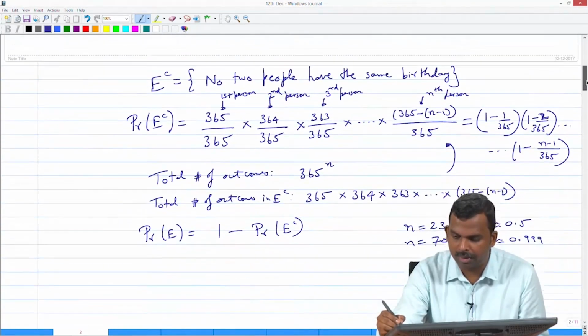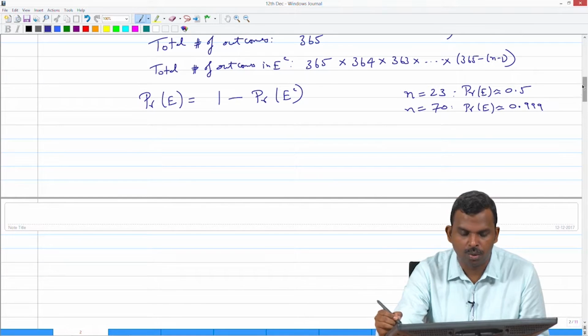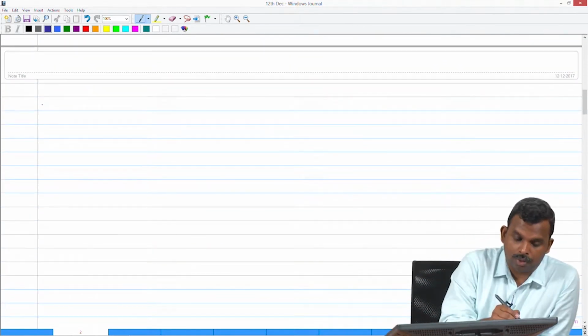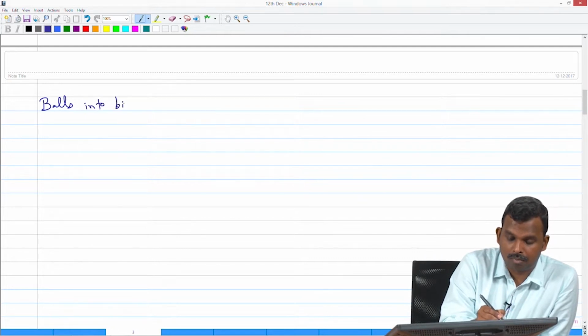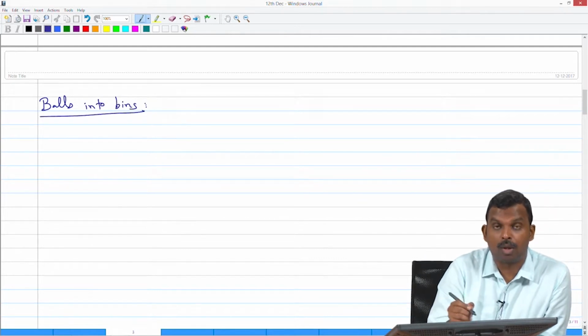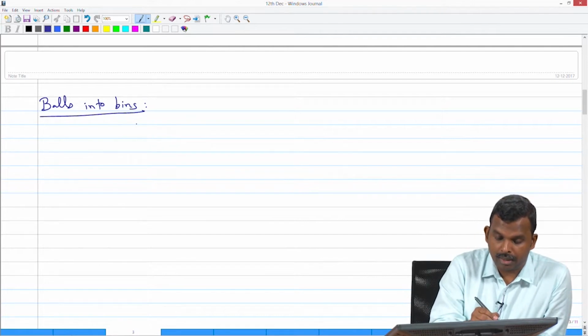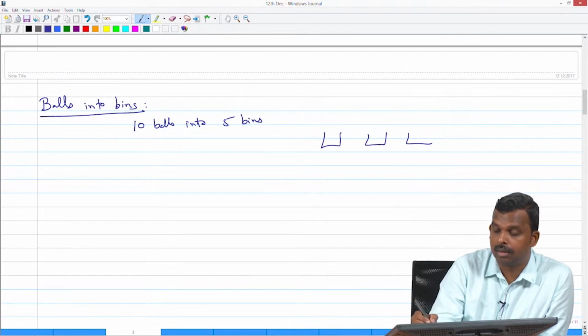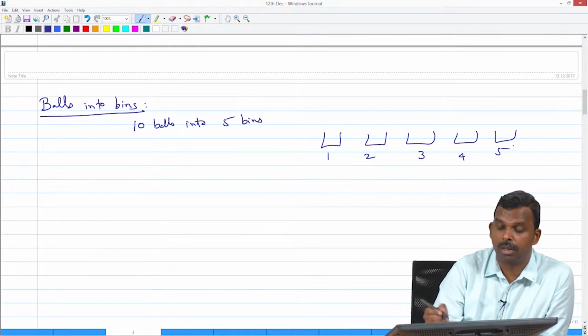Keeping up with this balls and bins example, I also want to show you one more nice way of thinking about this binomial model. So, if you look at balls into bins, let us say you are throwing 10 balls into 5 bins, 1, 2, 3, 4, 5.